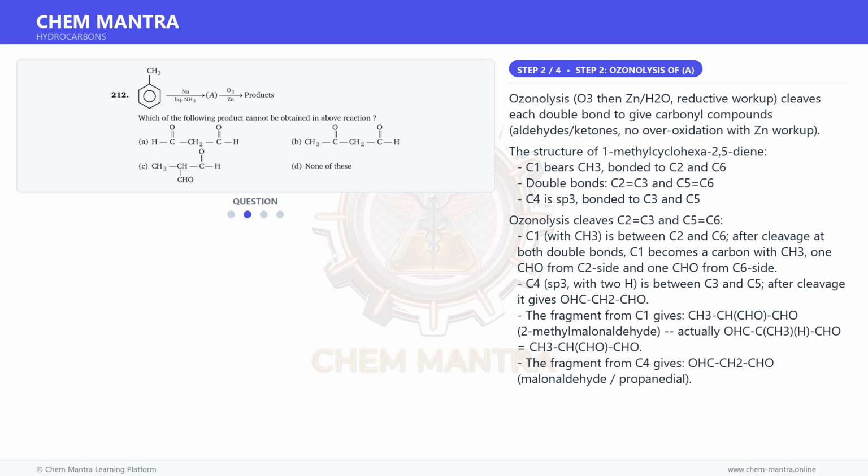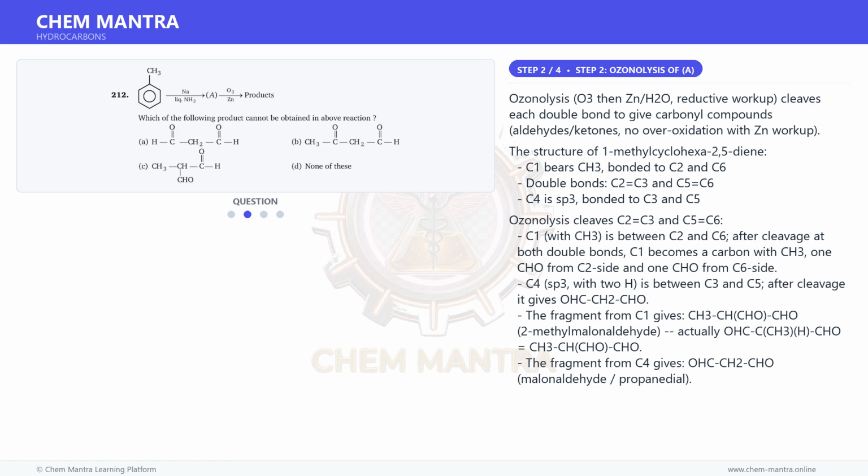Ozonolysis cleaves C2=C3 and C5=C6. C1, with CH3, is between C2 and C6. After cleavage at both double bonds, C1 becomes a carbon with CH3, 1 CHO from the C2 side and 1 CHO from the C6 side. C4, sp3, with 2H, is between C3 and C5.